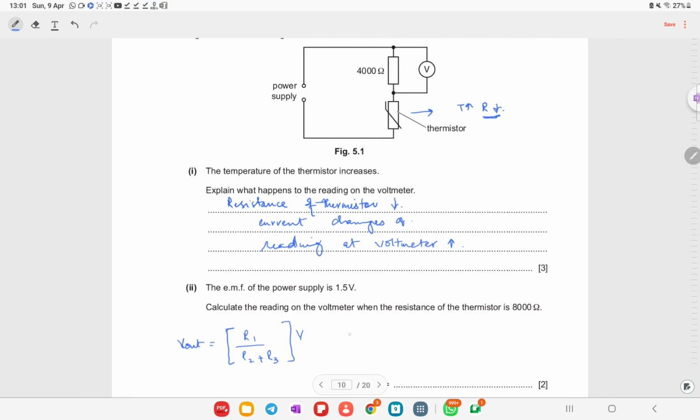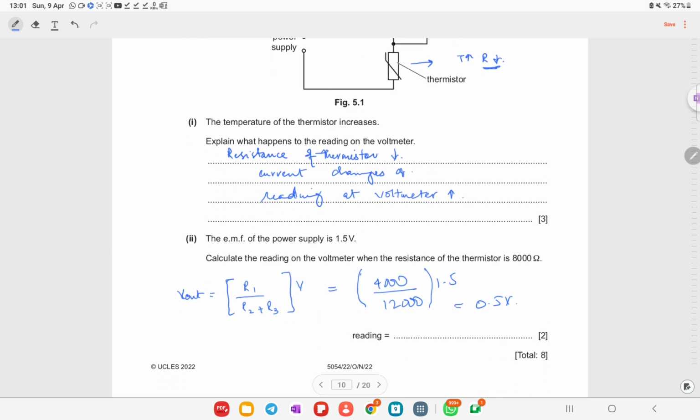The resistance is 4000 over 4000 plus 8000, which is 12,000, times the 1.5 volts. So it's going to be 0.5 volts. The reading at the voltmeter is 0.5 volts.